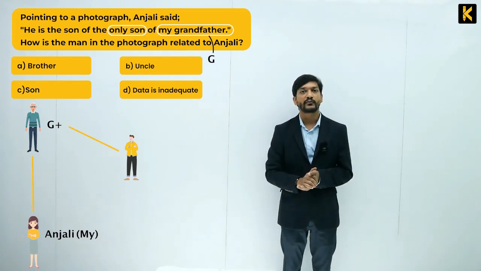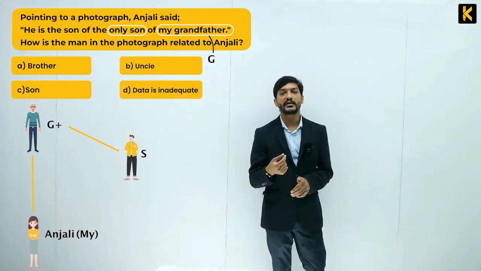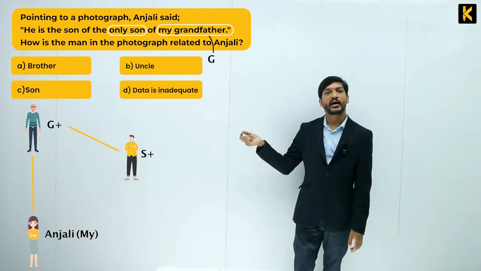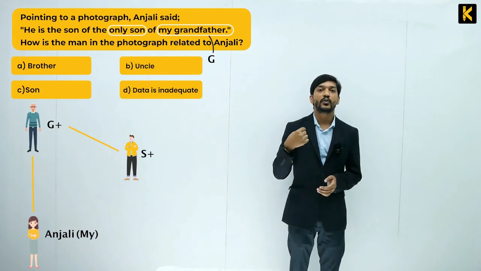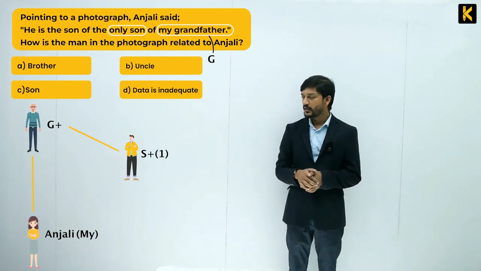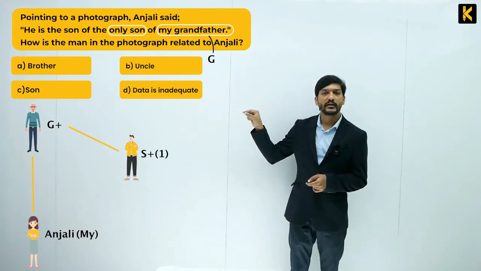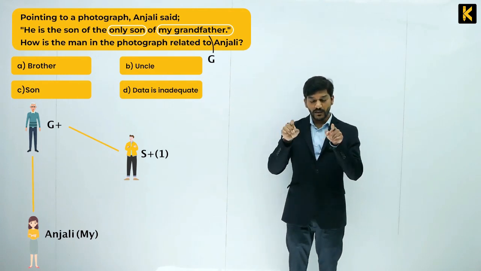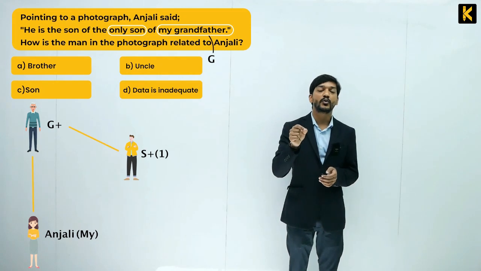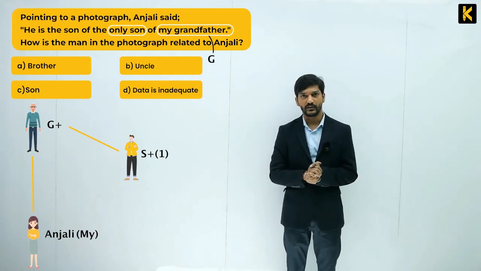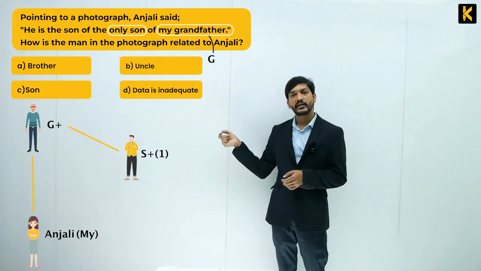Because I have to take the son, I am taking the letter S to represent the only son. Now the son is a male, so I have shown S plus. And because it is the only son, let me write just one number in the bracket: 1. This 1 represents that it is the only son. Okay. So S is the only son of G.